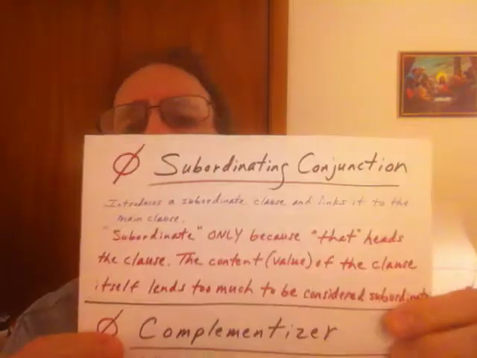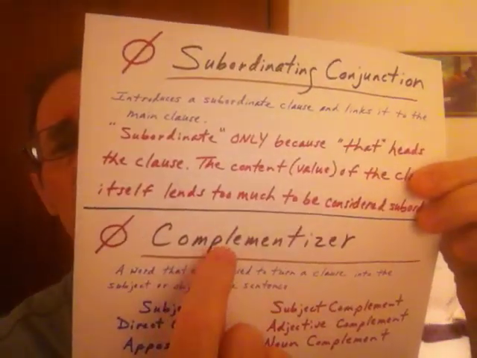Okay, that's hard to say, but because of the content of the clause, it's subordinate only in the fact that it has the word that in front of it, and it can't stand alone, which I would call a synthetic clause.